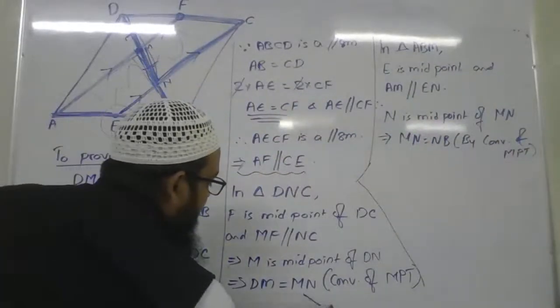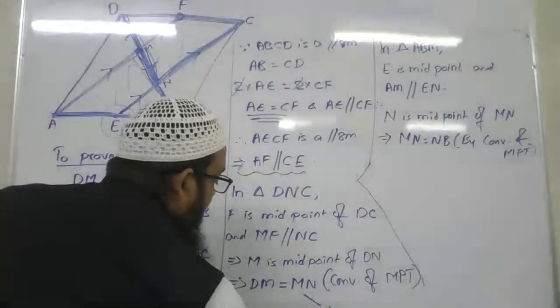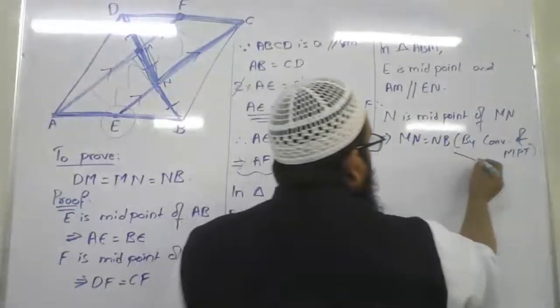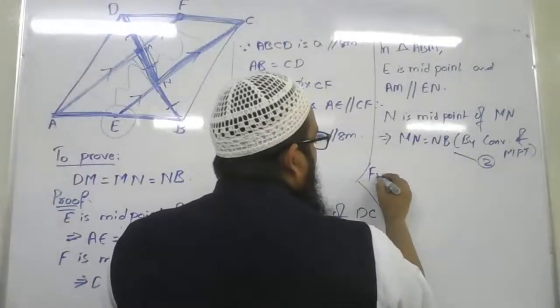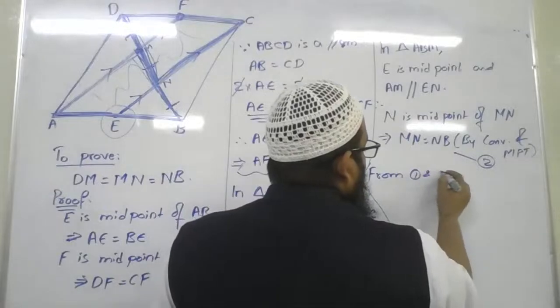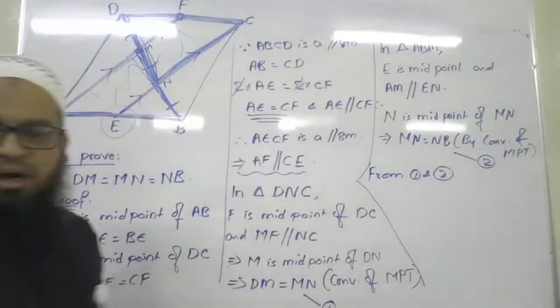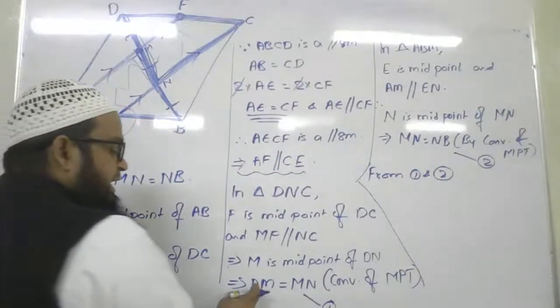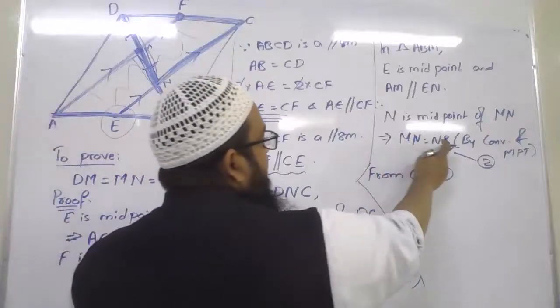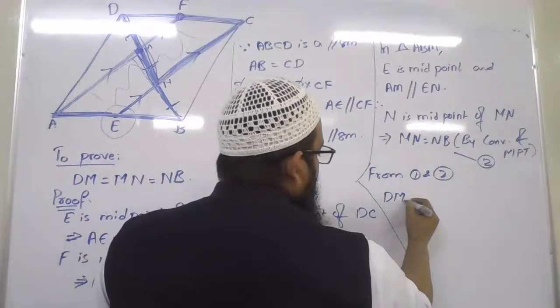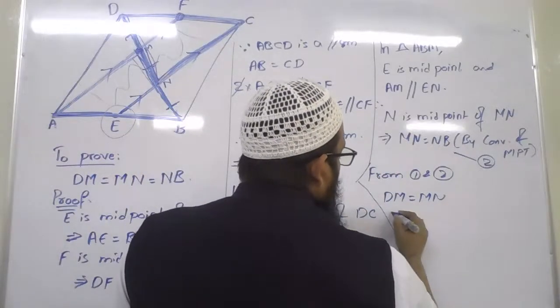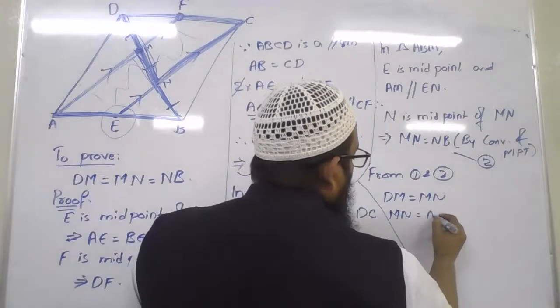Now let us take this as first one and this as second one. From 1 and 2, what happens? See, DN is equal to MN, MN is equal to NB.